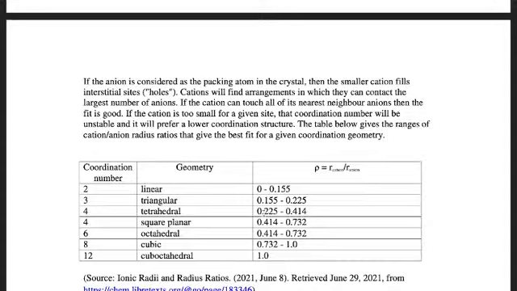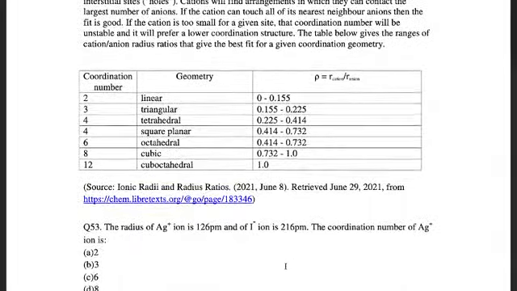Tetrahedral, 0.225 to 0.414. 4. Square planar, 0.414 to 0.732. 6. Octahedral, 0.414 to 0.732. 8. Cubic, 0.732 to 1.0. 12. Cuboctahedral, 1.0. Here are the questions.